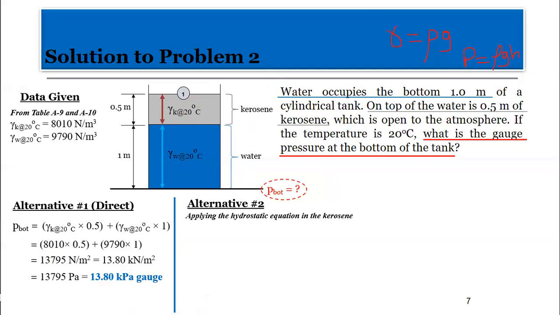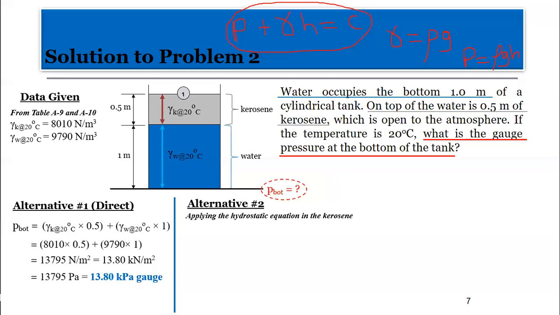Remember, we have P plus gamma H is equal to C, right? It's constant. This is what we are using now. This assumption here is telling us that no matter the location, if we are in the same fluid, that's the same gamma, once gamma is constant, okay? If we sum P and then gamma H, it should be the same, it's constant throughout the same fluid.